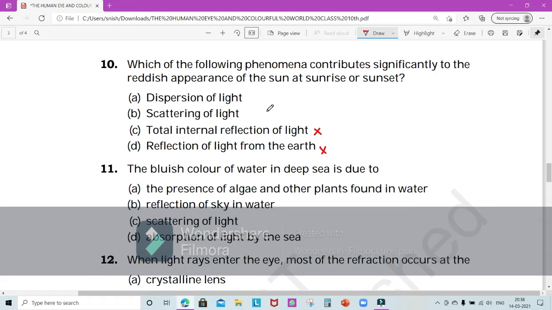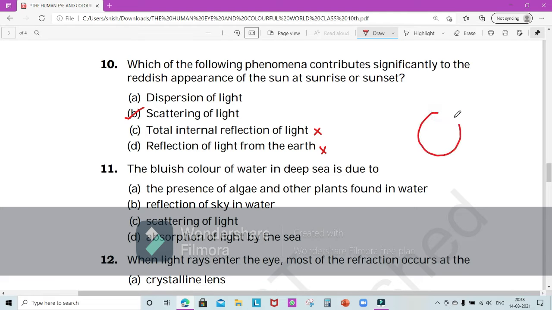It is definitely not because of options C or D. TIR and reflection of light do happen, but it makes no sense here; it's only due to scattering. Dispersion is not the sunlight getting split into violet, indigo, blue, green, yellow, orange and red.